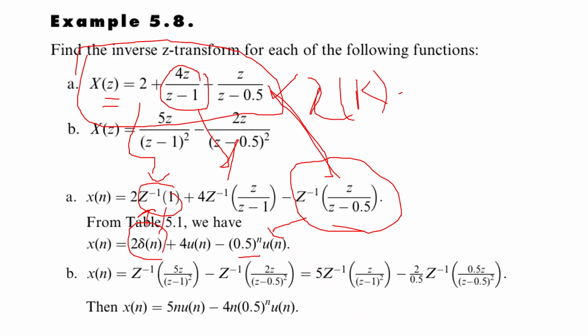So this technique we are using. Similarly you can use the same technique here, and you can get the answer, right?